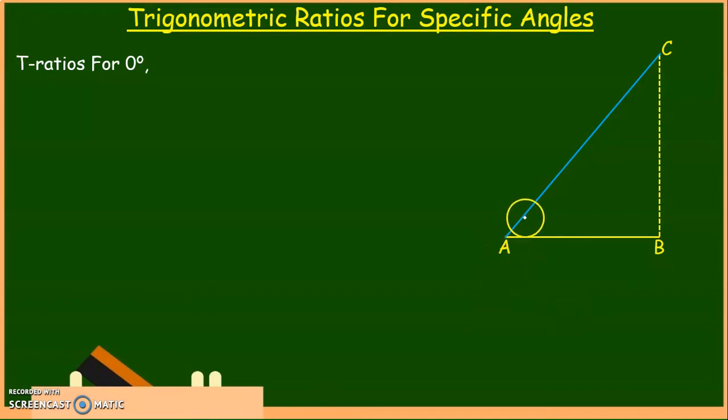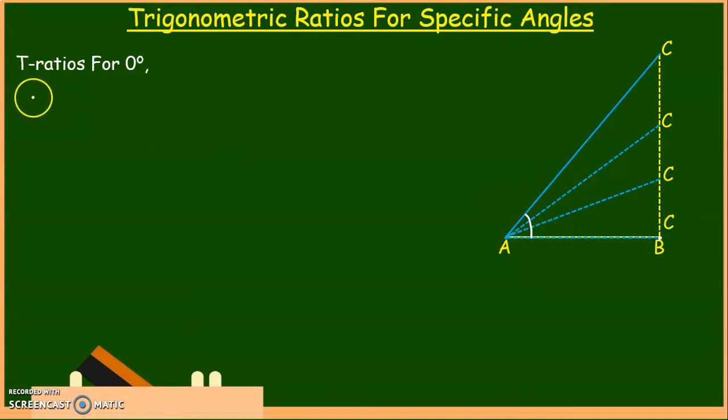Now here, if you want to make this angle A equal to 0 degrees, we keep on decreasing the value of angle A. If you decrease it, the length of side BC will keep decreasing. When the angle A becomes 0, the points B and C coincide, which means the line BC will be equal to 0, because points B and C are at the same point.